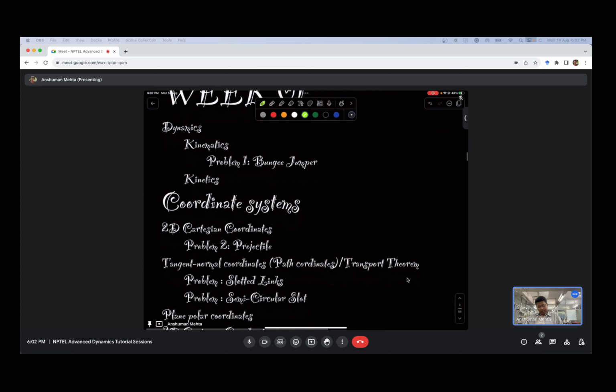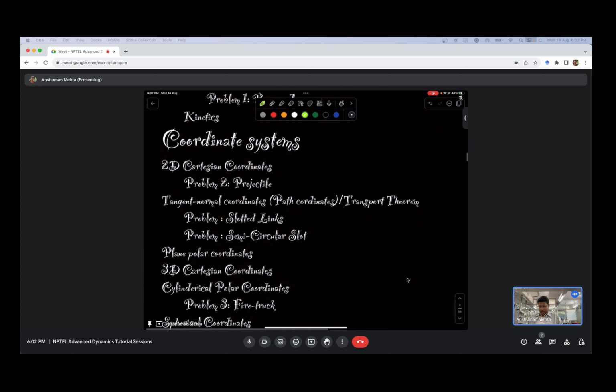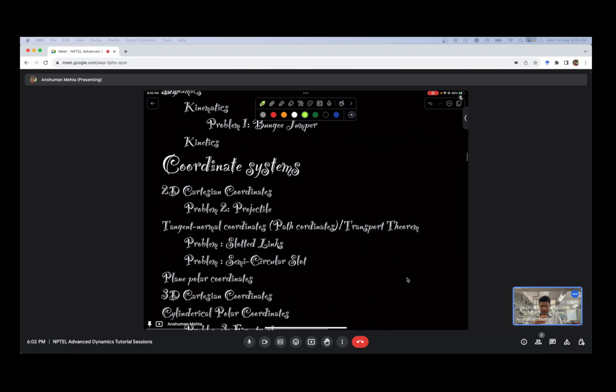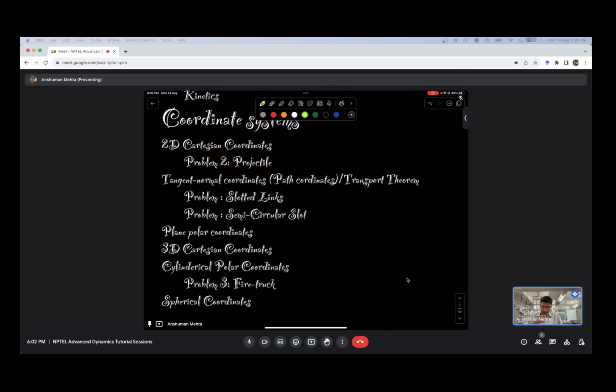Then we delved into the world of coordinate systems. We looked at simple 2D Cartesian coordinates and solved a projectile problem. Then we moved to tangent-normal or path coordinates, and we had a similar formula derived from the transport theorem.